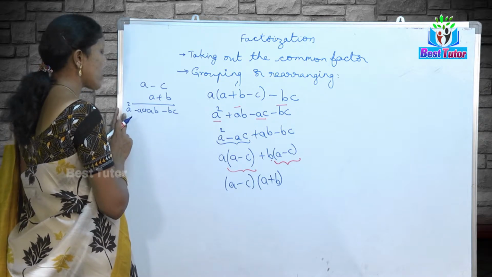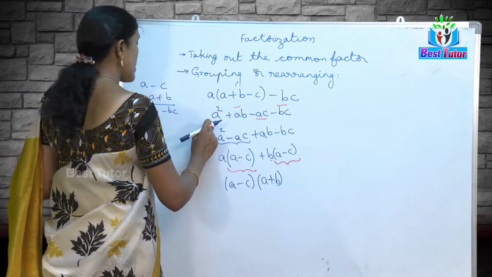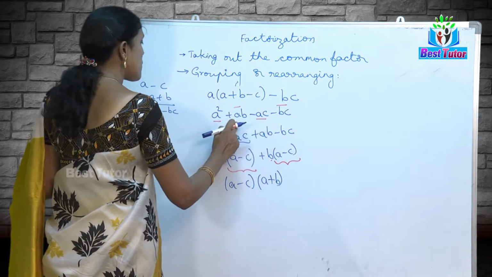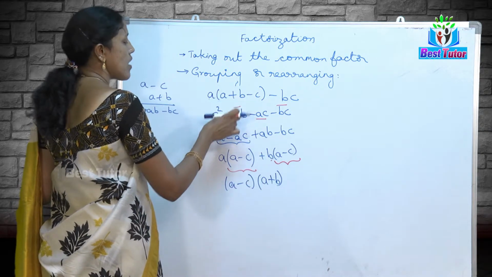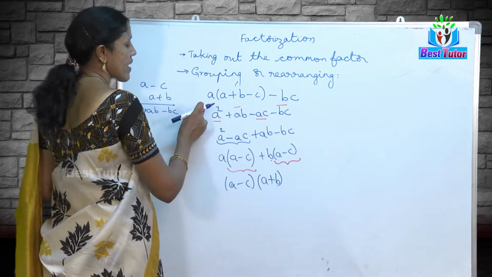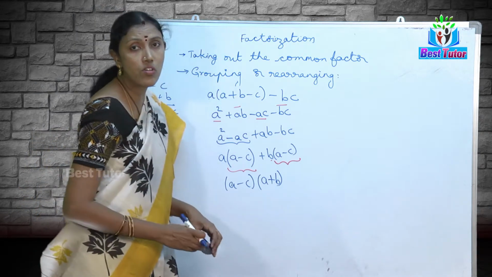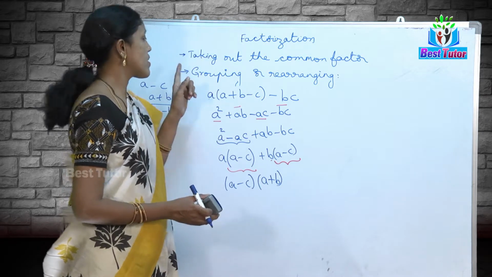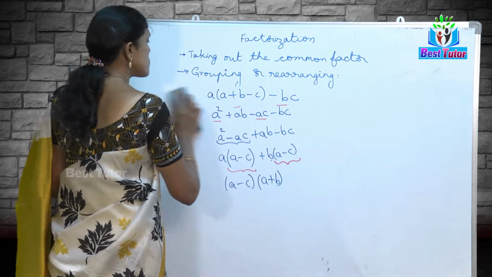So we have a square minus ac plus ab minus bc. So the product of these two terms is a square plus ab minus ac minus bc. So factorization and then again expansion, both the procedures are done. We have checked it. So this is the procedure of factorization by grouping or rearrangement.